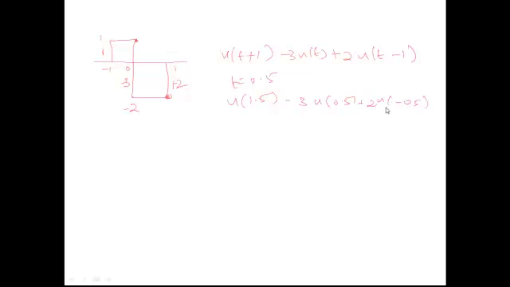So you know very well, a unit step signal will not extend on the negative side, so this term becomes 0. And for a unit step signal, whenever the value inside the parenthesis is greater than 0, the answer is 1. So u of 0.5 is also 1, u of 1.5 is also 1. So 1 minus 3 times 1 gives you the answer minus 2. You can take any point and validate the signal.